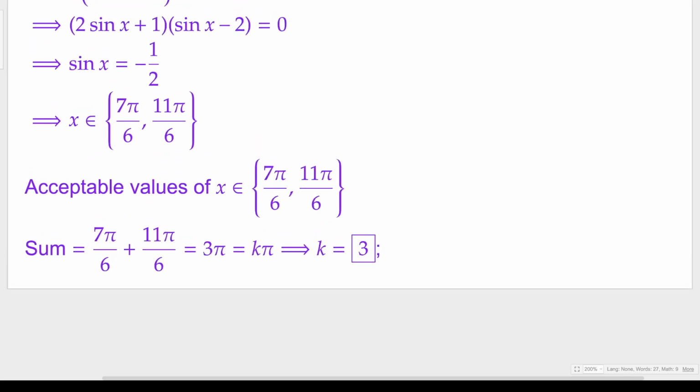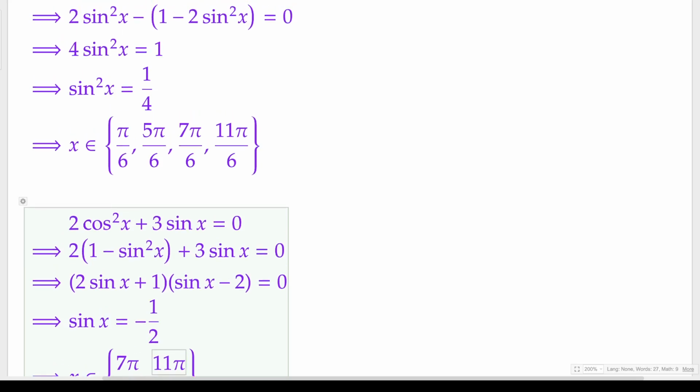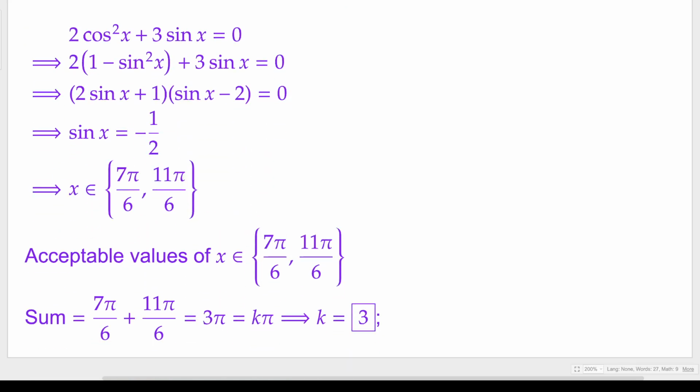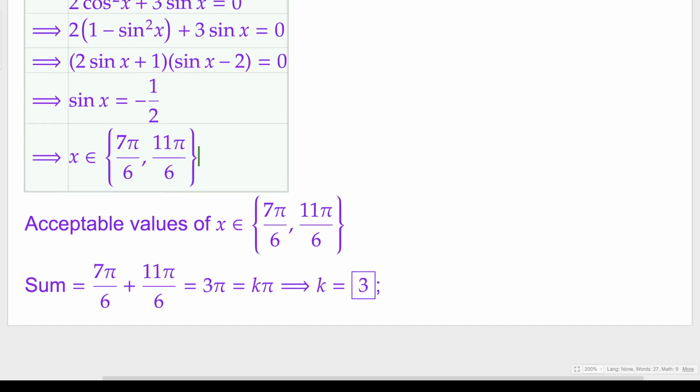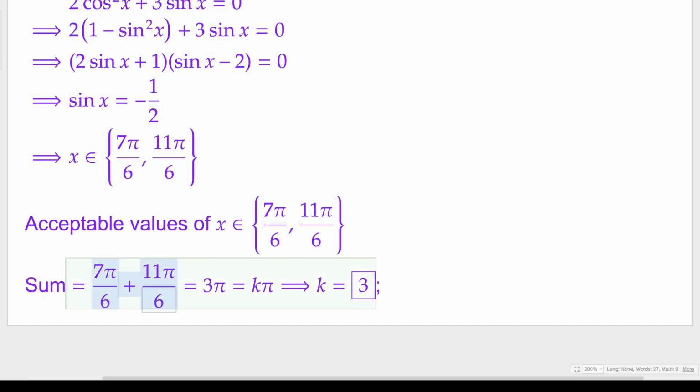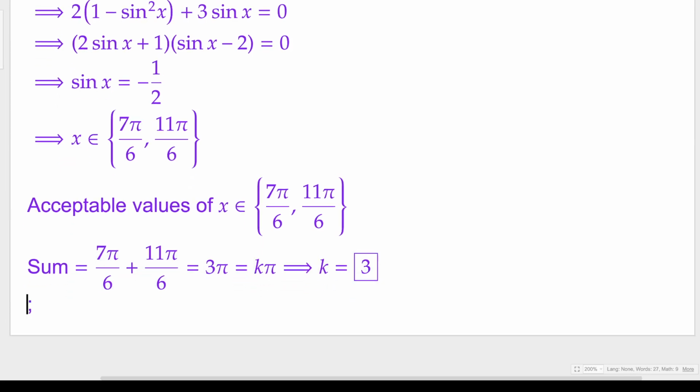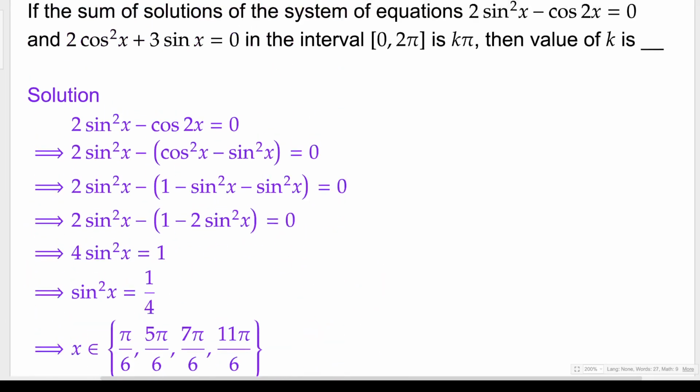So 7 pi over 6 and 11 pi over 6 are the roots which satisfy the first equation as well as the second one. So that's why these are the two acceptable roots. The sum of roots turns out to be 3 pi, and when I compare with k pi, the value of k is 3, and hence this is the answer to this problem statement.